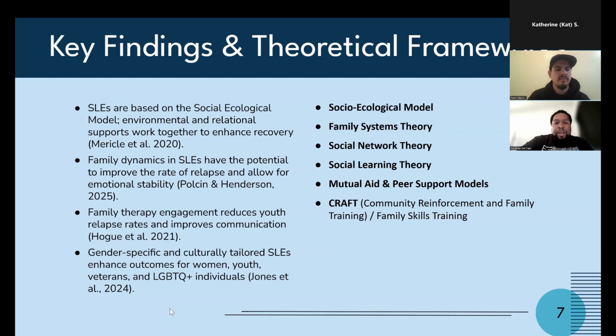That just goes to show that, again, when we're looking at the social ecological model, we want to make sure that the sober living environments, as much as possible, can fit with the population that we're serving, just to make sure that we are able to grow those peer support models while they're there.